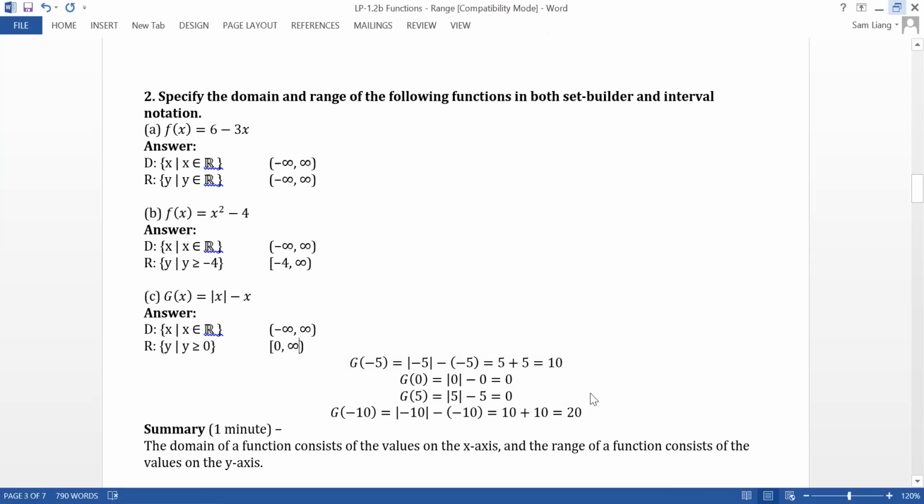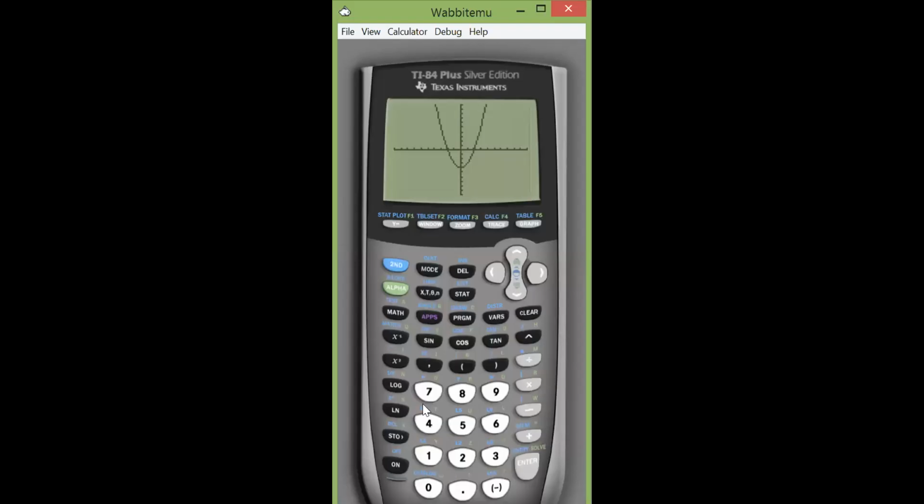Okay, and just to emphasize that point, if you don't believe me, just graph it, right? It's always an easy way to come up with the range. So for my absolute value sign, I'm going to need to go to math and then number, and then the first option is ABS, which stands for absolute value, and x minus x.